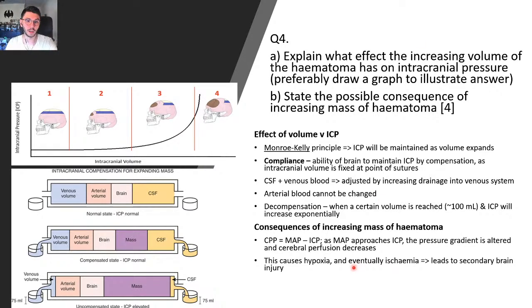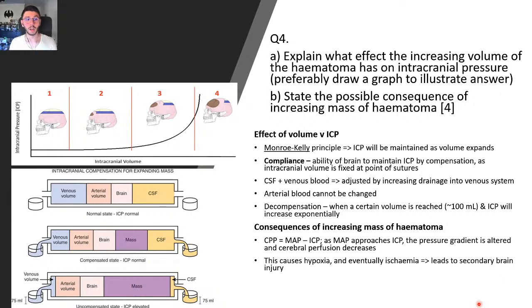Now, if our intracranial pressure increases to the point that it matches our own blood pressure, then the pressure gradient is altered and you have decreased cerebral perfusion. The consequence of this is hypoxia, which is bad, but what's even worse is ischemia. Ischemia means the brain is not receiving enough blood, and that can lead to secondary brain injury.